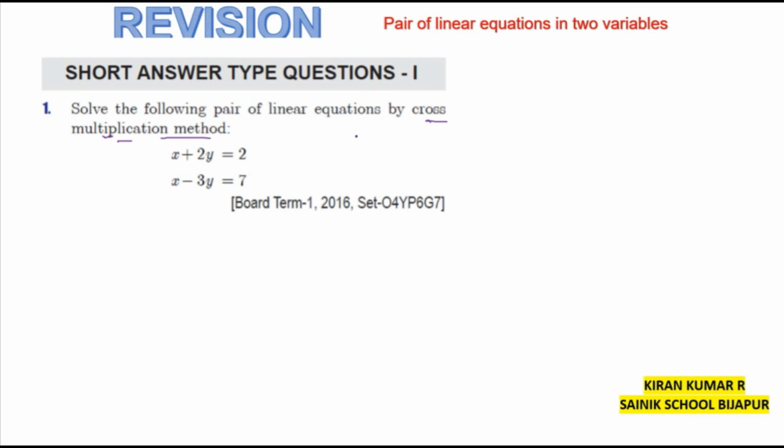You can just note the method, and the method of cross multiplication is more efficient than the substitution method and elimination method because it would take very less time. To solve using cross multiplication method, what I require is equations of this type.